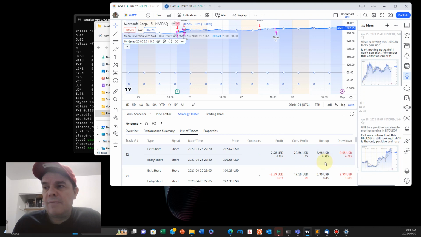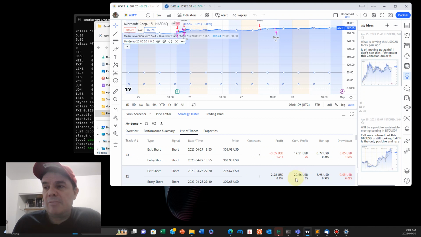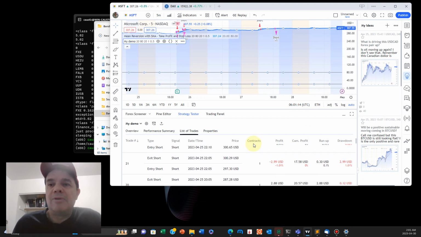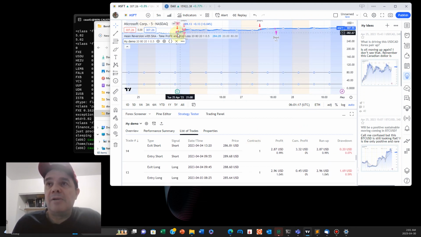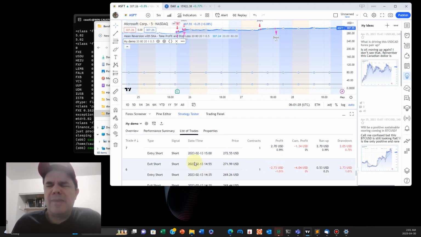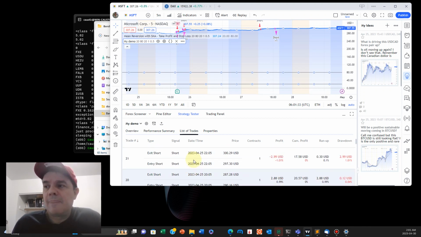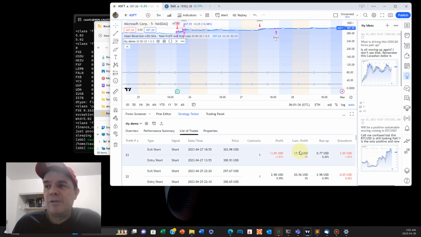Here's the profit, and if we let it run for a while on this particular one, we made about $20, which is just under a 10% return. That would have started back here, I guess, in April of the 25th, because that's over the last 5 days. So yeah, you would have done all right. And that's going all the way back to here, January 19. So if you left that running, that's what you would have made, just under roughly 10%.